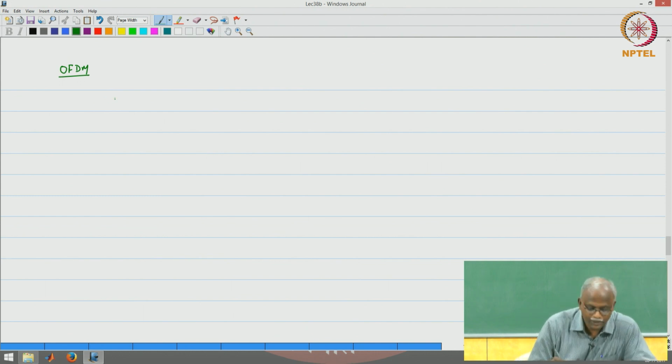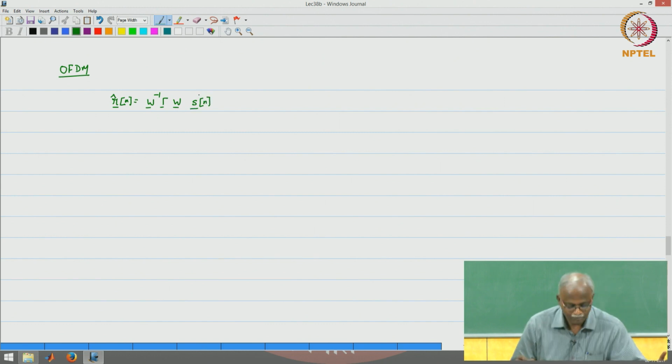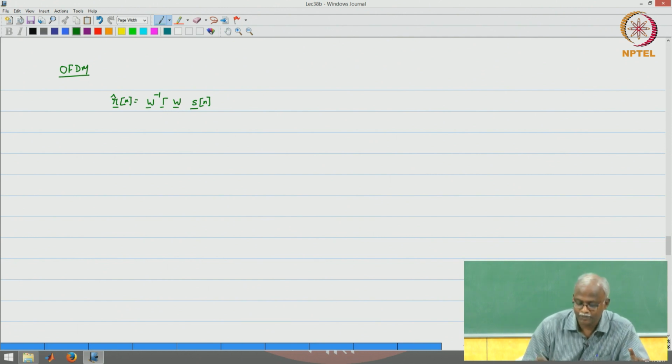It says the transmitted signal R hat of n is equal to W inverse lambda times W times S of n. Is it S of n or S hat of n? S of n. That's the transmitted signal.